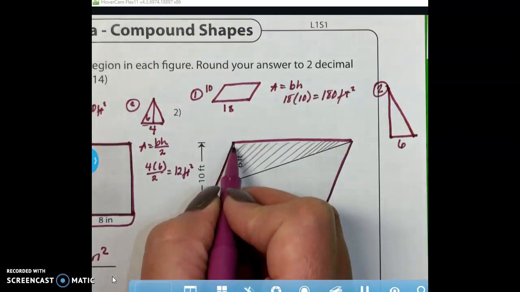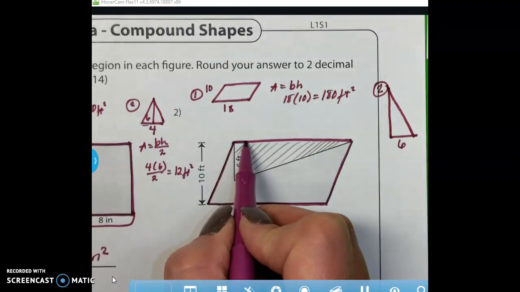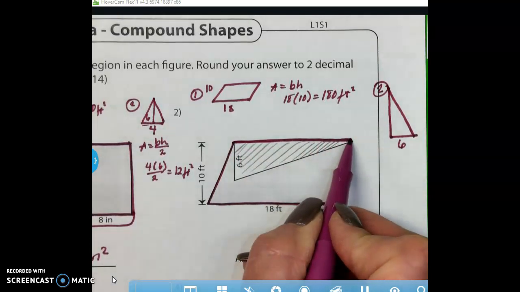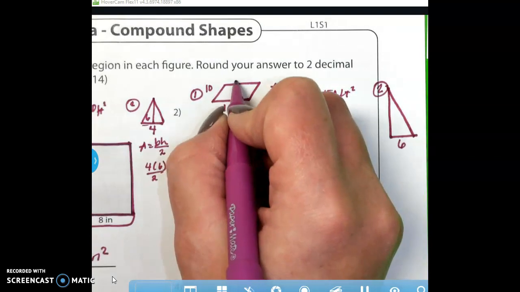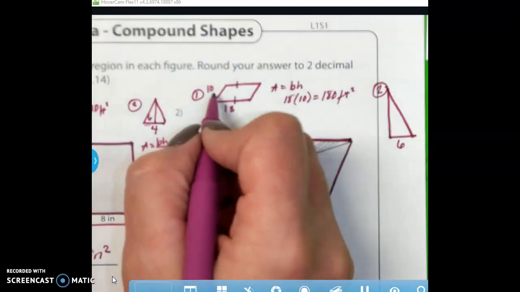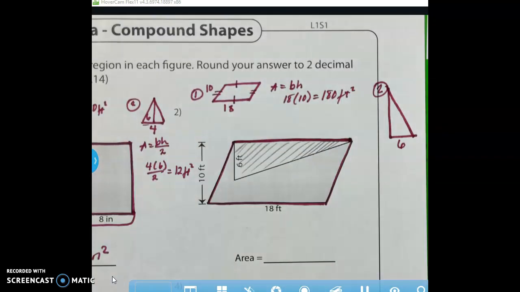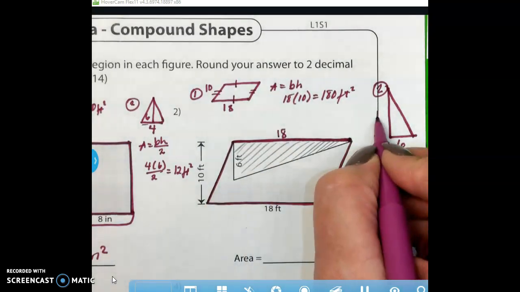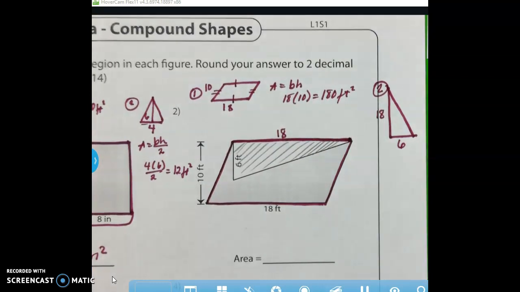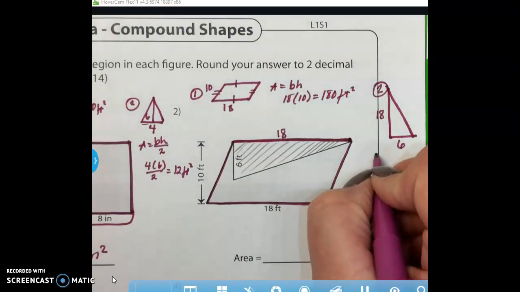I know it from here. This is the measure. This measurement is blank, but we are remembering that parallelograms have two sets of congruent and parallel sides. So that means if this is 18 feet, this is going to be 18 feet. And here's your triangle with its measurements.